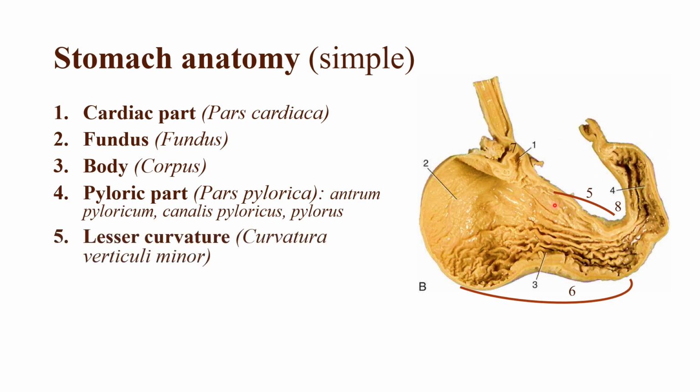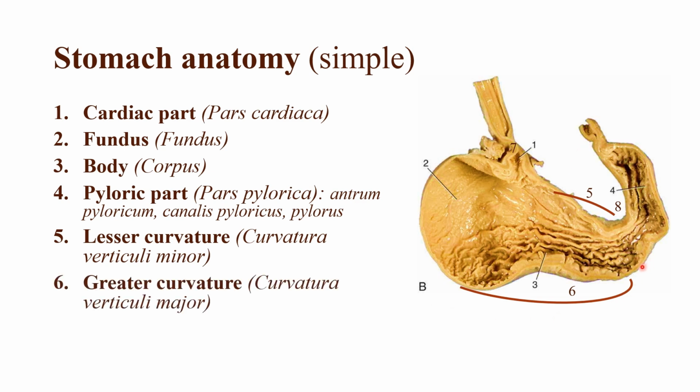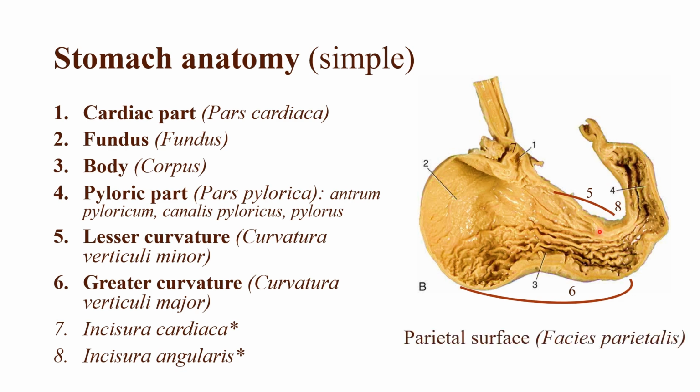Then the lesser curvature, or the smaller curvature of the stomach, the greater curvature, or the larger one, the incisura cardiaca here, and the incisura angularis right here. We have the parietal surface, facies parietalis, and the visceral surface, facies visceralis, which is facing all the intestines, and the parietal surface is facing the diaphragm.